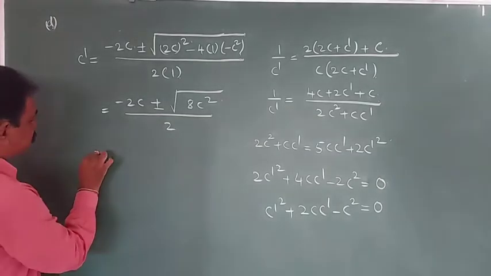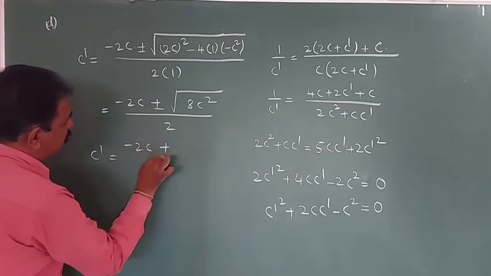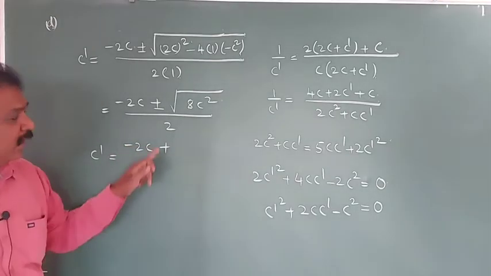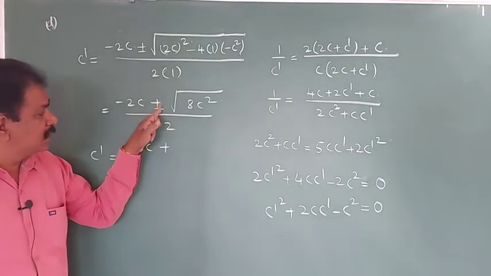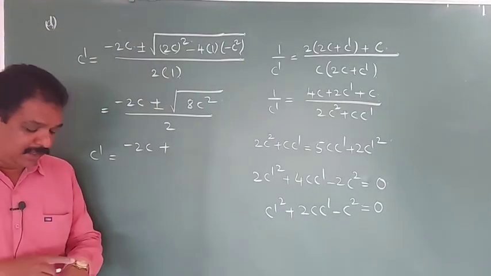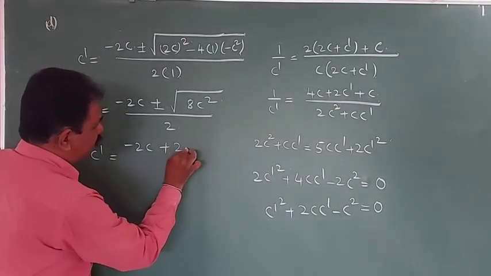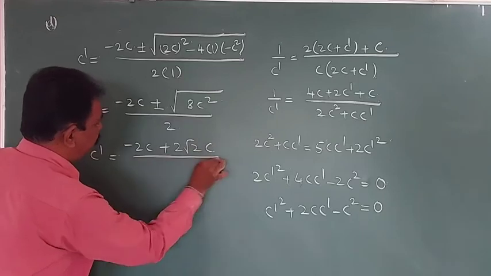So this becomes C dash is equal to minus 2C plus, only we will consider. If you consider minus, entire capacity will become negative. That is not possible. So this will be 2 root 2 C by 2.